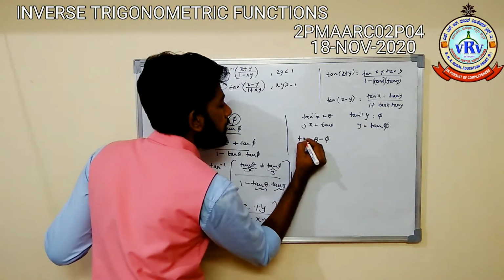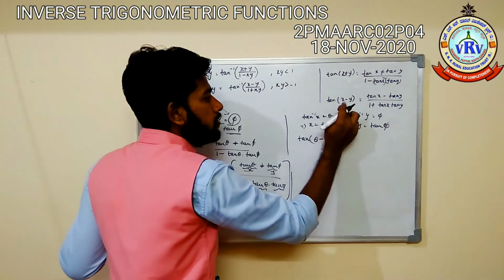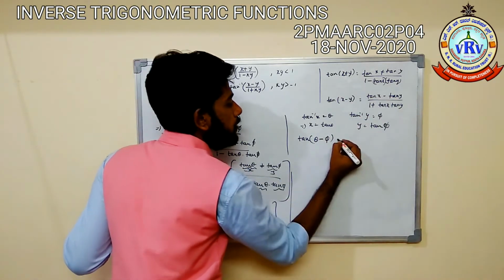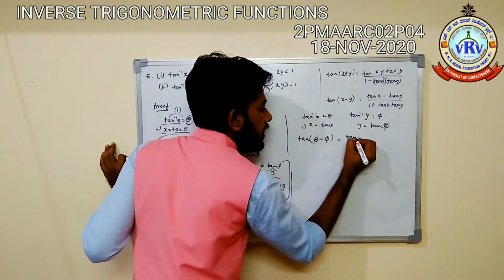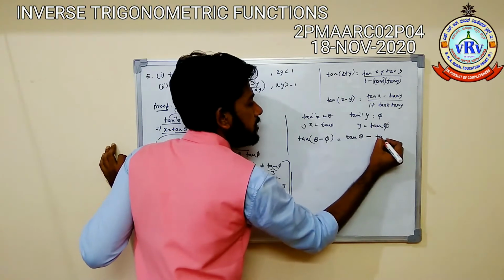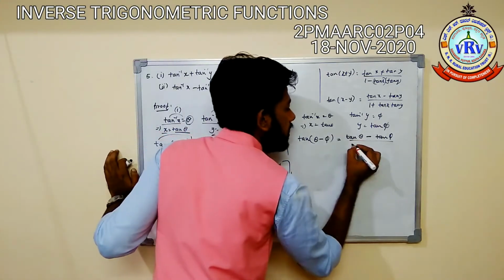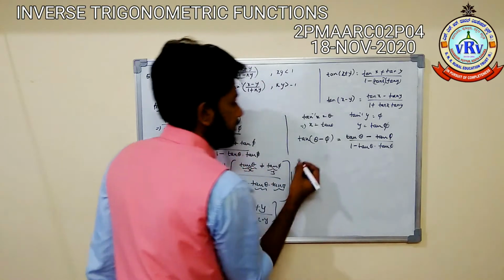Take these two, apply tan function. From the formula, tan of x minus y is equal to tan x minus tan y divided by 1 plus tan x tan y. I am applying here tan theta, in the place of x we have theta, minus tan psi, in the place of y we have psi, divided by 1 plus tan theta tan psi.